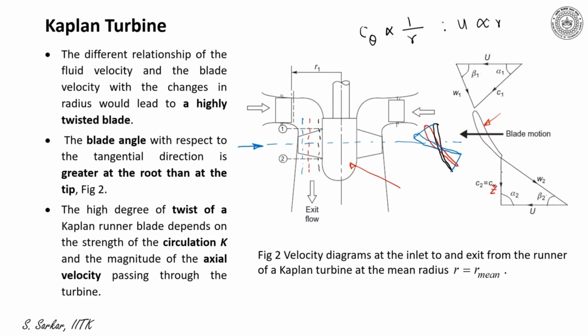After this illustration, you have appreciated how the blades are in reality. Thus here I have indicated the blade angle with respect to the tangential direction at a plane near the hub is of greater value than that at a tip.